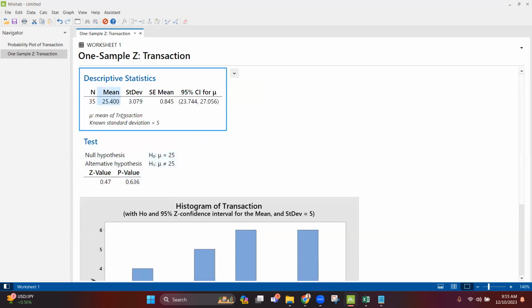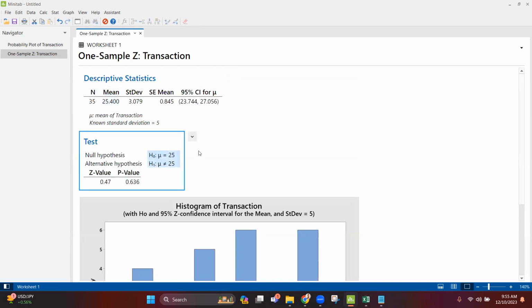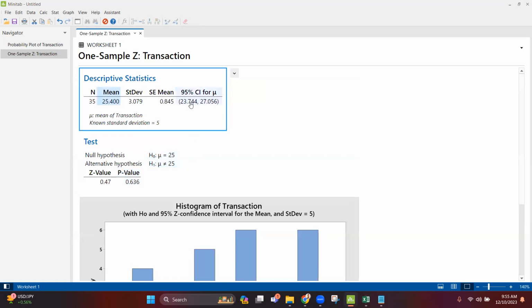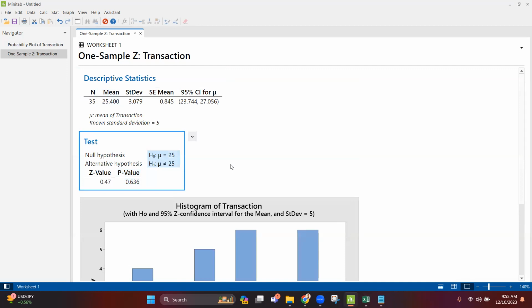The target is 25 and your actual mean is a little higher than 25, but statistically both are the same, because the range of your 25.40, which is the statistical range you call the confidence interval, is from 23.74 to 27.05, and the target of 25 is very much falling within this range. So that's how we conclude this is a null hypothesis.